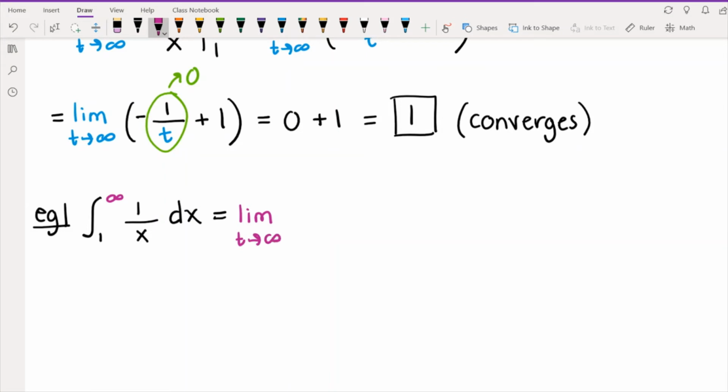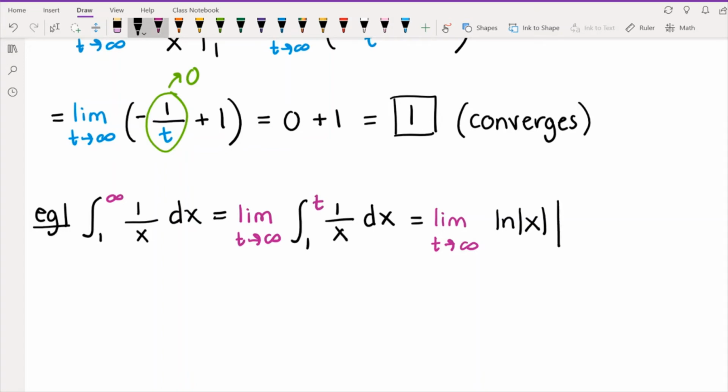We have to rewrite this as the integral from 1 to t and then take the limit after the fact. Okay, so what is our antiderivative in this case? Well, the antiderivative of 1 over x is ln of absolute value of x. And then we're evaluating that at t and at 1.